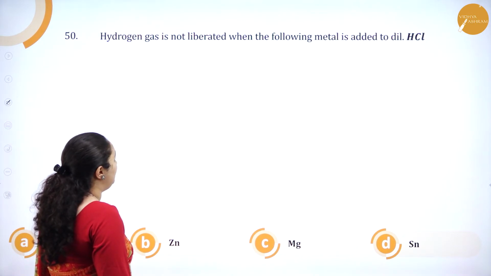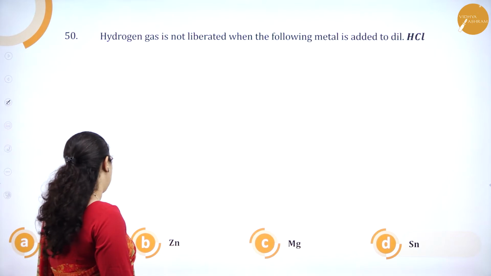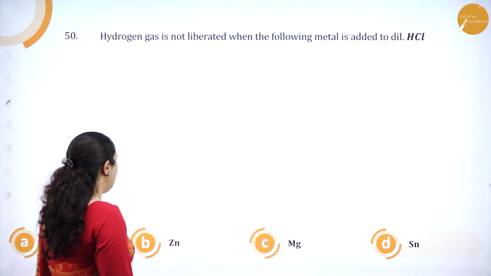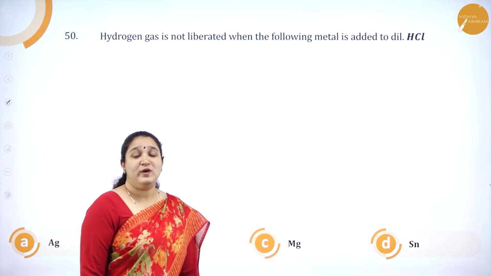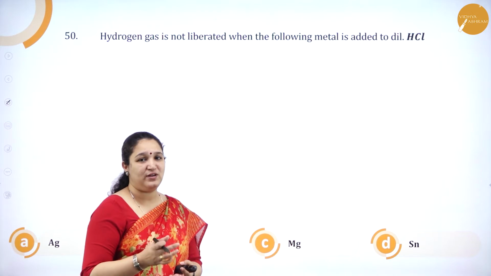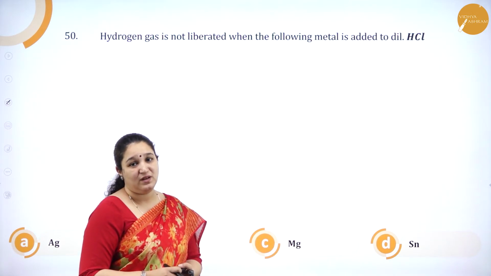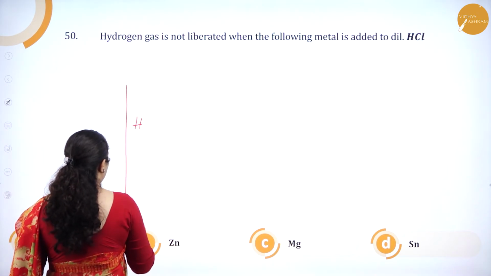Hydrogen gas is not liberated when the following metal is added to dilute HCl: Ag, silver, zinc, magnesium, tin. So, here which is the metal which will not liberate hydrogen gas when treated with dilute HCl? It should be below hydrogen in the electrochemical series.